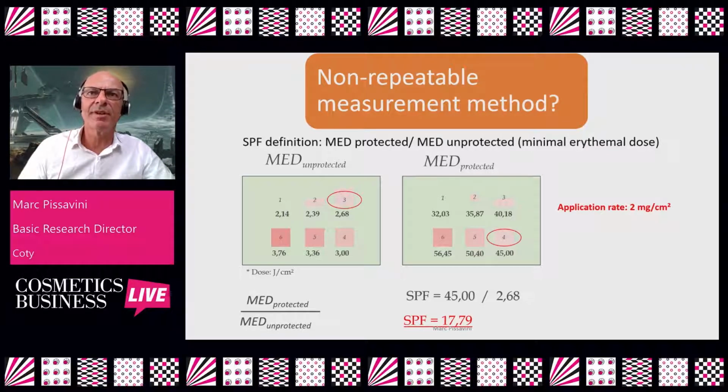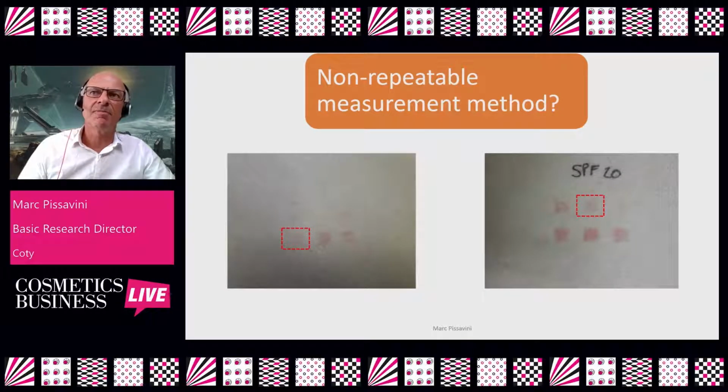Remember also that the application rate is 2 milligrams per square centimeter. This is really important because I will come back to this later on. It's not really an easy task, because we have to read the MEDs and the erythema.